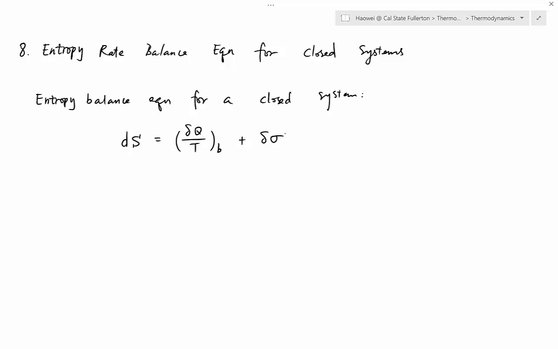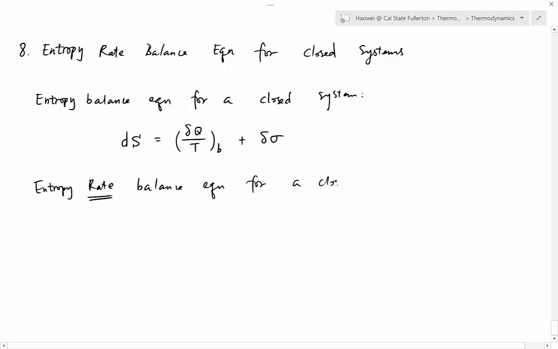All right, so this is the equation we gave you last time, and today it's the entropy rate balance equation. The key word here is rate, for a closed system. What we do here is very easy. We just divide every term by time.